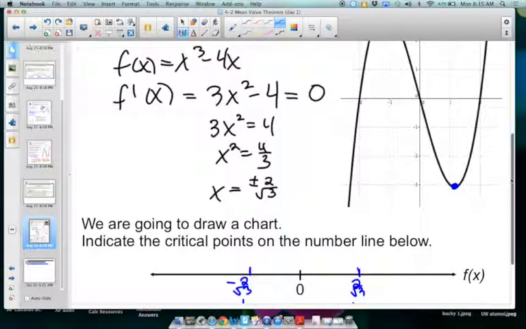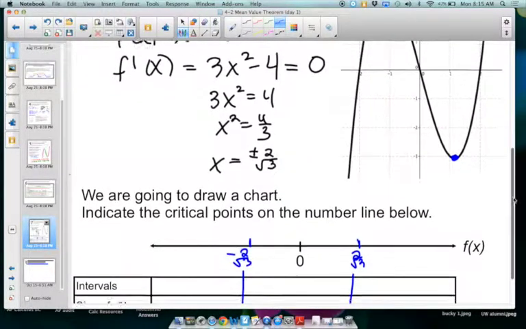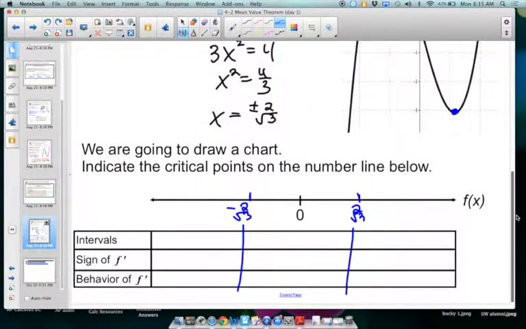As we travel in this interval, it's increasing. And so we can test that by doing this. We know the derivative is 3x squared minus 4.